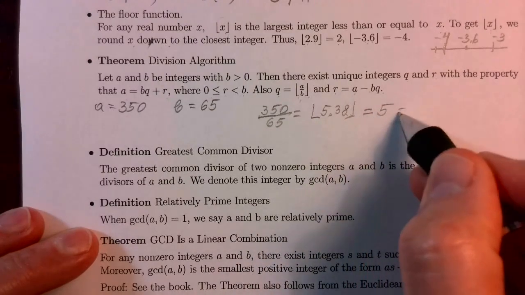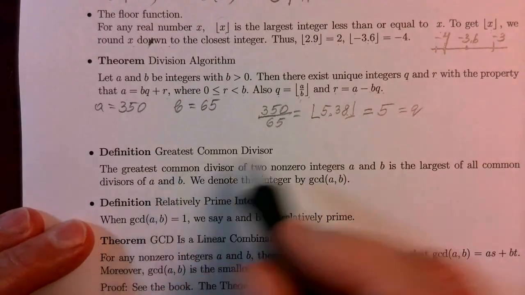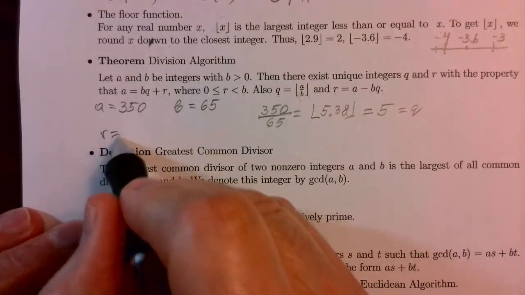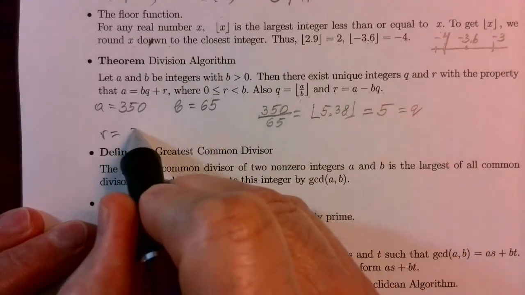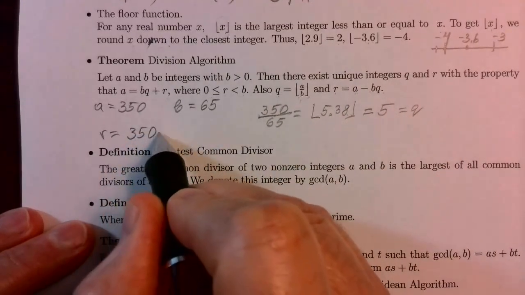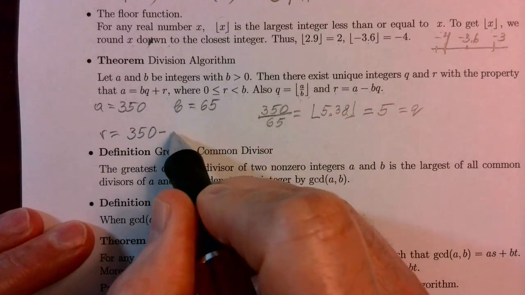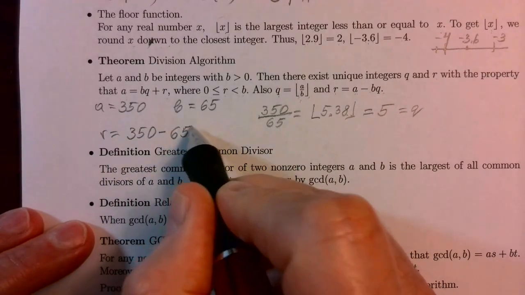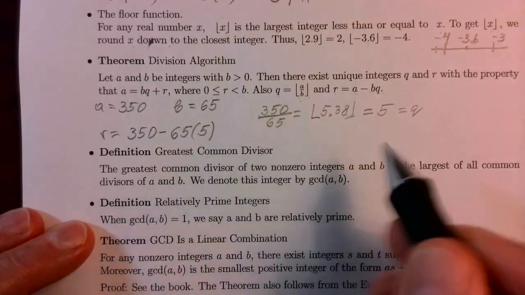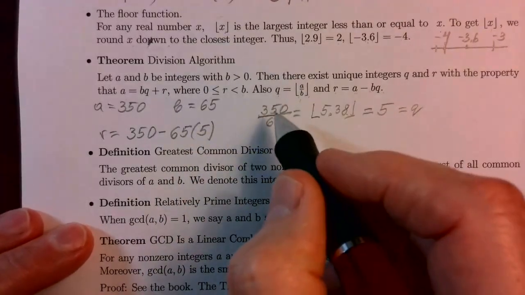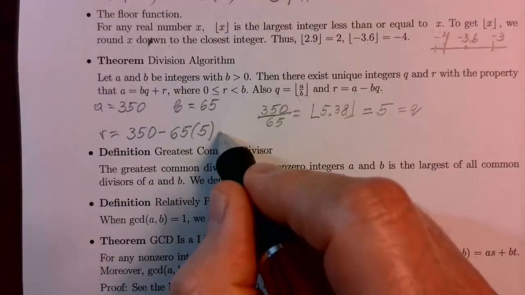So this is the quotient q, and the remainder r will be 350 minus 65 times 5. Put this in the calculator and you'll get 25.